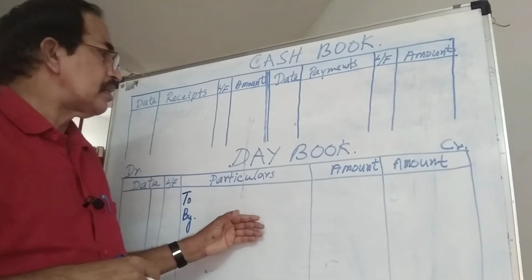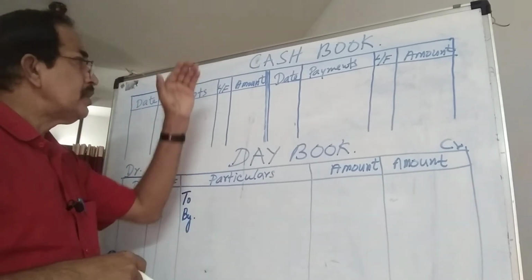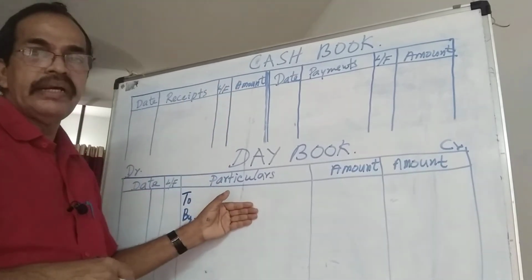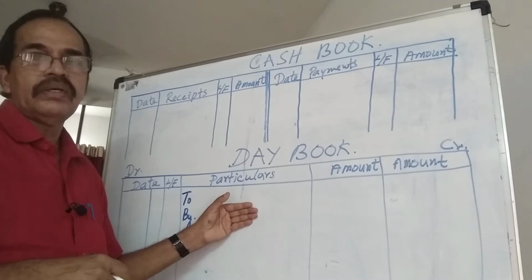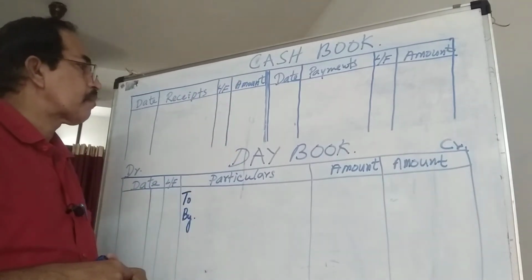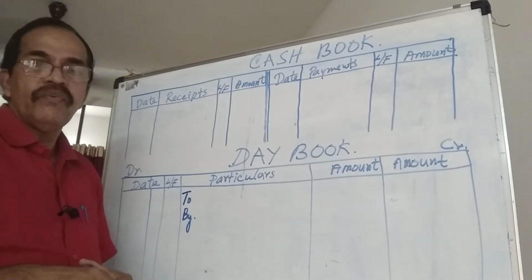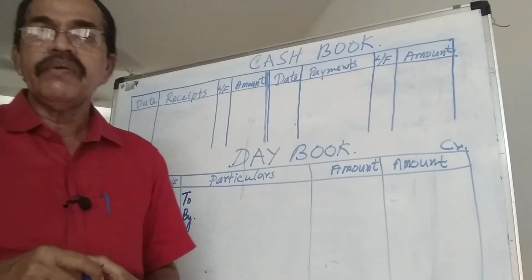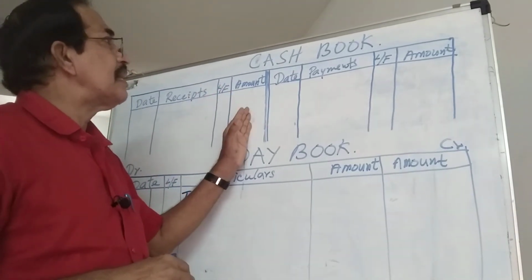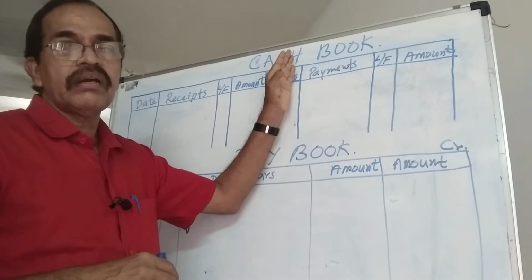We can see that all the columns that we found in the cash book are here in the day book also. Now what is the difference between the cash book and the day book? In the day book we can include even the credit transactions, whereas only cash transactions are recorded in the cash book.